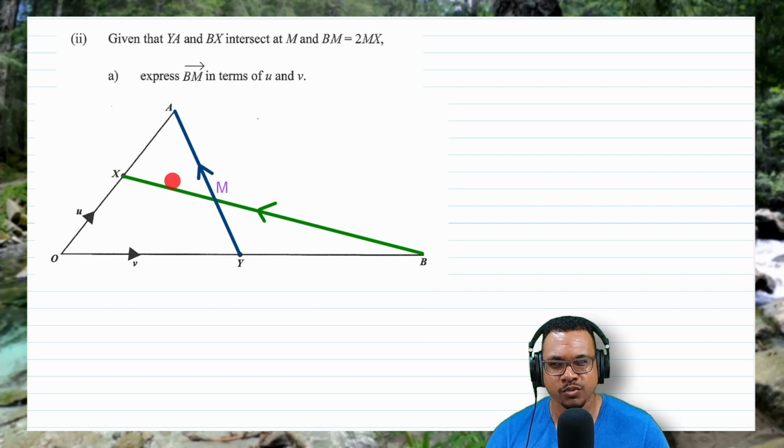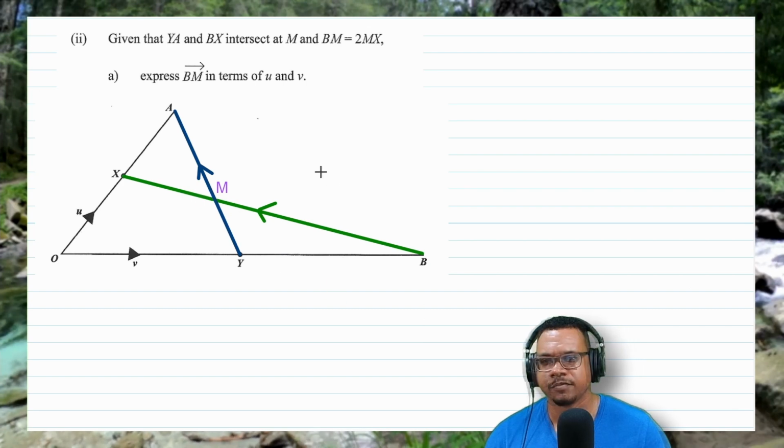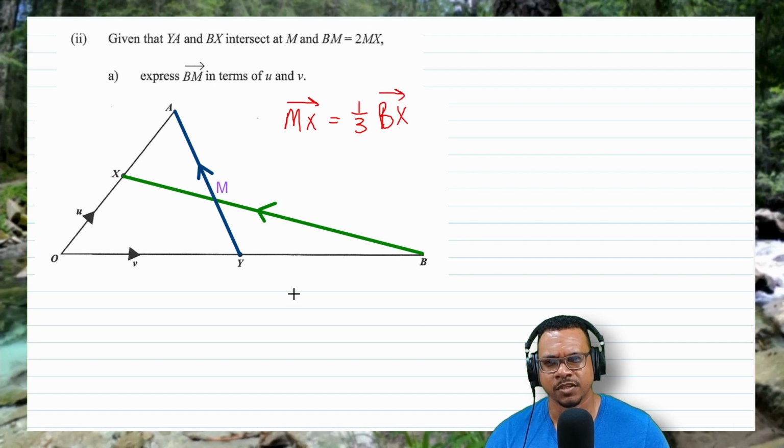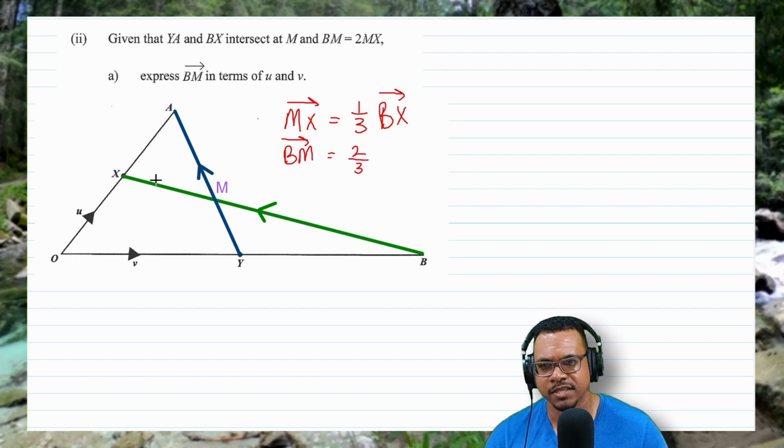So this will be 1 out of the 3, and from here to here will be 2 out of the 3. So what we can write is that M to X is equal to 1/3 of the whole thing, which is B to X. And then B to M is 2 parts out of the 3 of the whole thing, which is BX.